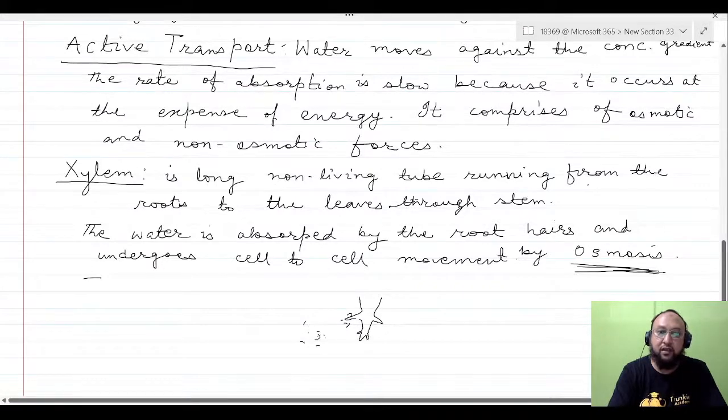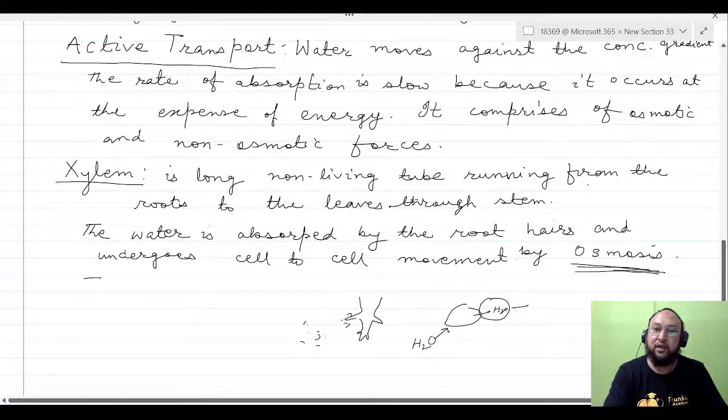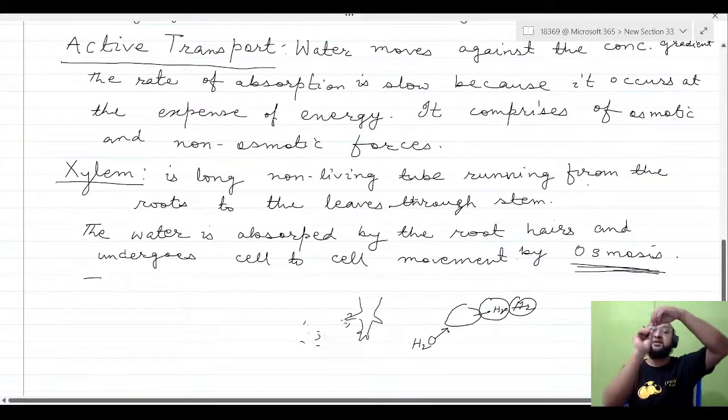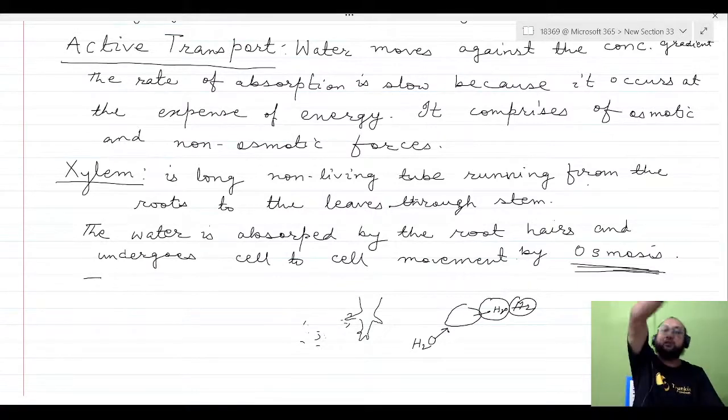I'll show you in enlarged form. If this is a root hair cell, and there is one adjacent cell in the root hair, and H2O is absorbed from the soil, it will be passed on to the adjacent next cell, and then it will move to another cell. In this way, it will go to the xylem, and once it reaches the xylem, the xylem will carry it to different parts of the plant body.